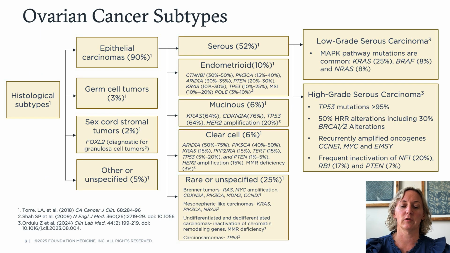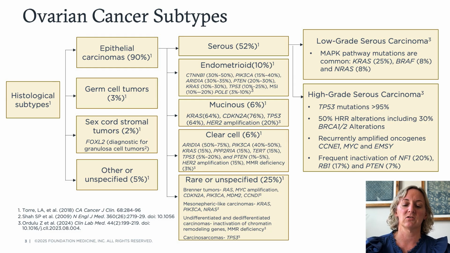This slide gives an overview of the histologic subtypes of ovarian cancer and the genomic alterations most often seen with each group. About 90% of ovarian cancers are epithelial carcinomas, which include several important subtypes. The most common is serous carcinoma, making up just over half of all cases.